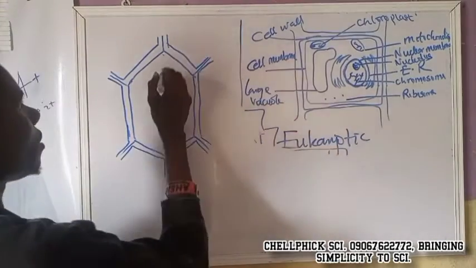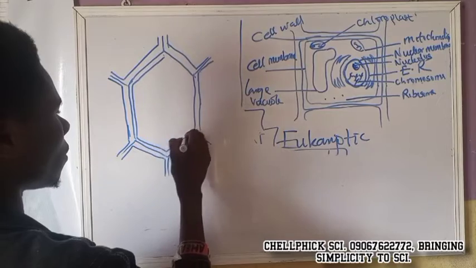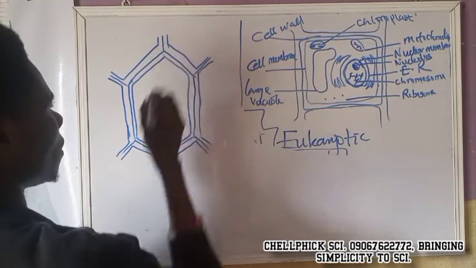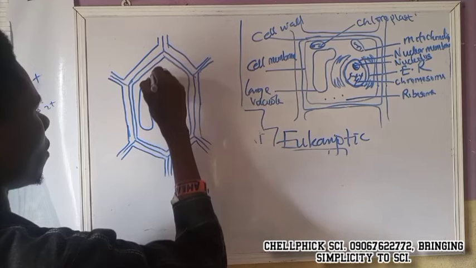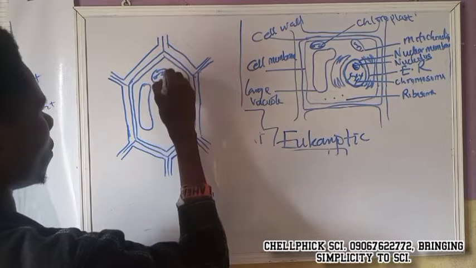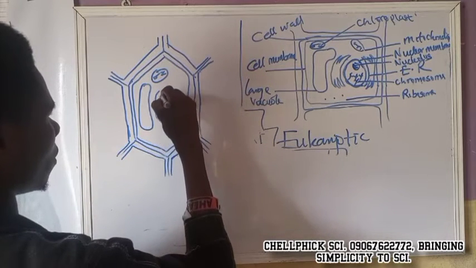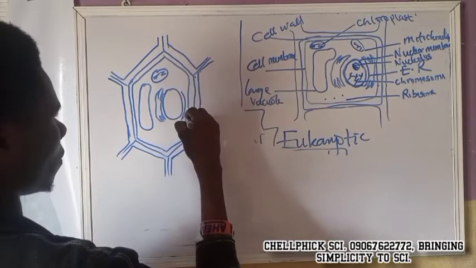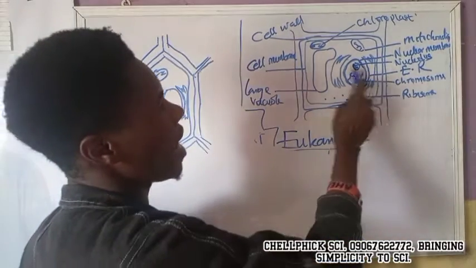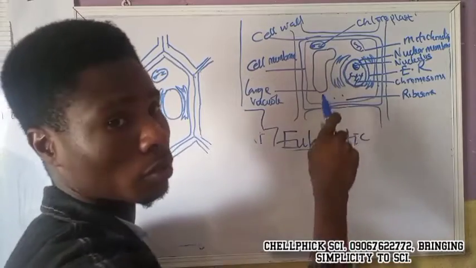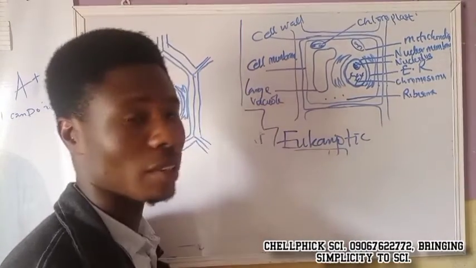So let's go back to this. If I'm to draw this finally, let me just put something here. I'm going to draw almost the same thing here. Yes, let's not forget, when the endoplasmic reticulum, that is this one, is not attached to ribosome, it is called smooth endoplasmic reticulum.